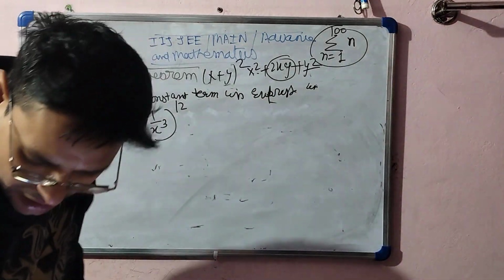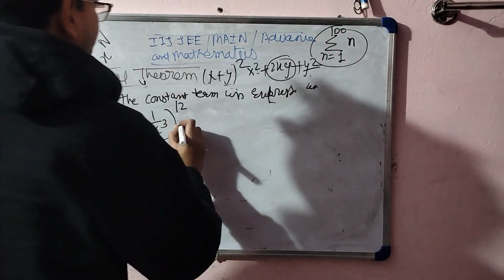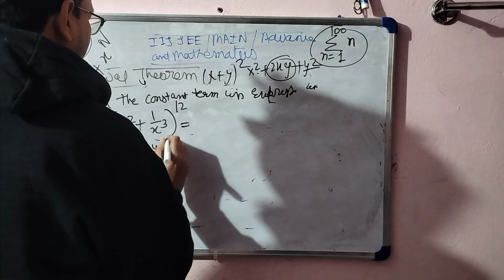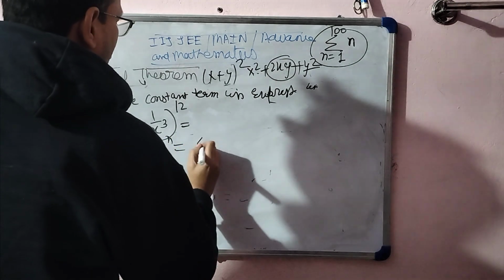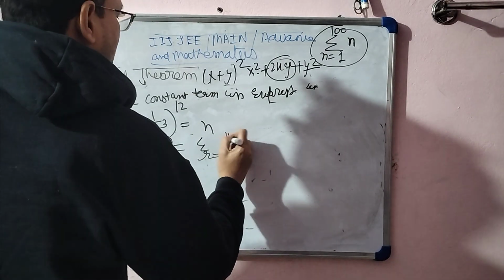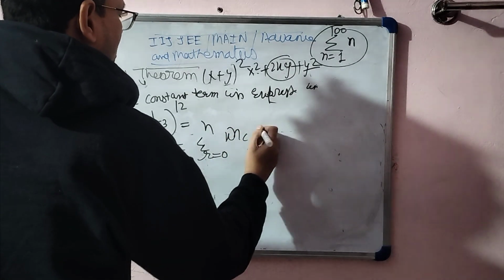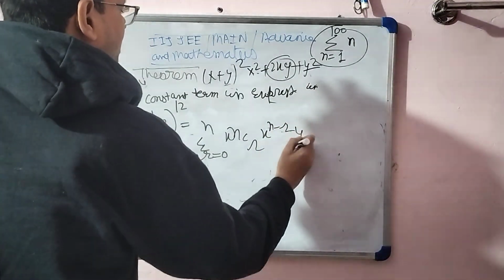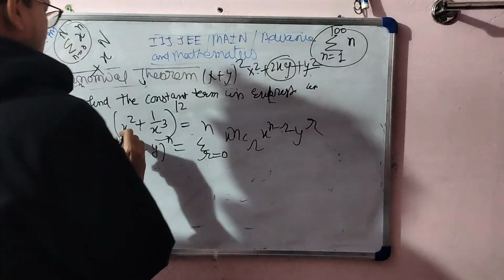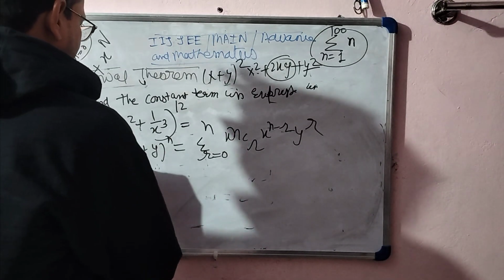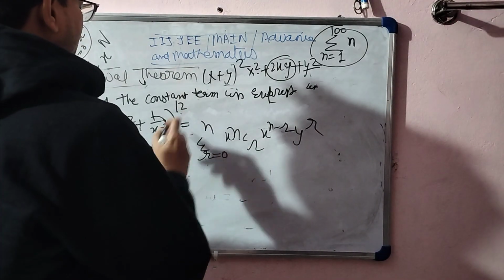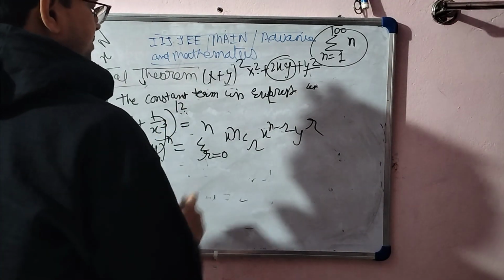The standard formula of the binomial theorem is (x plus y) to the power n equals sigma r equals 0 to n of nCr x to the power n minus r y to the power r. Here the value of x is x square, the value of y is 1 upon x cube, and n is 12.